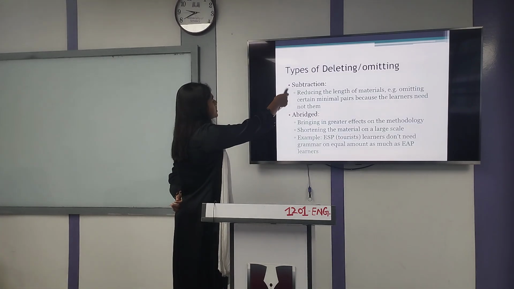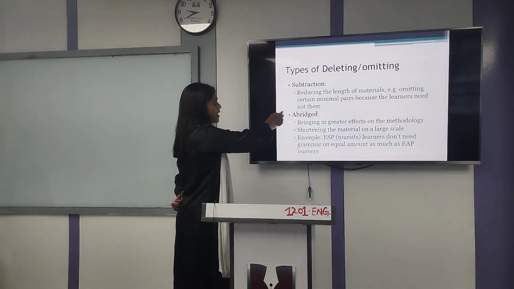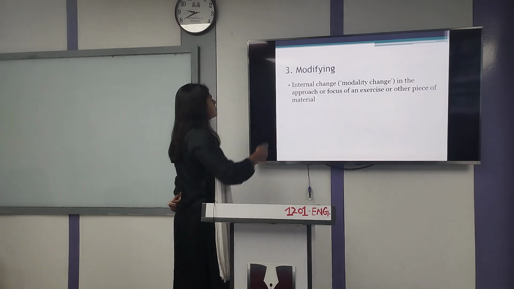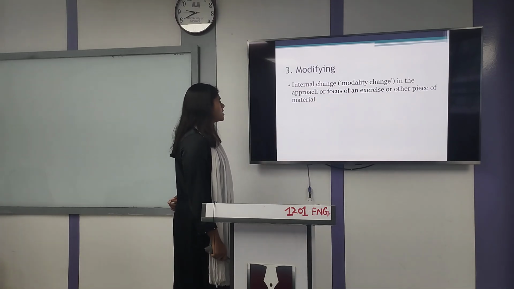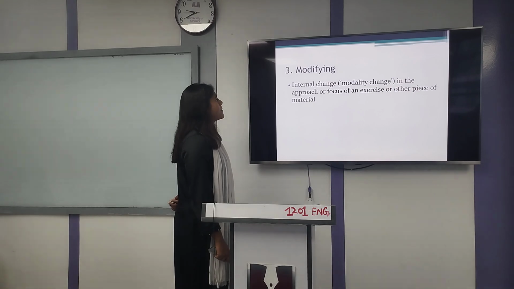The one was deleting, subtraction and abridged. And modifying, internal change. Internal change means modality change in the approach or focus of an exercise or other piece of material.